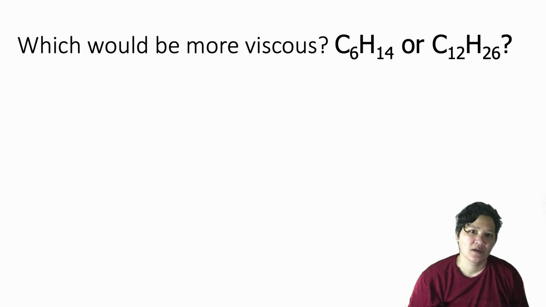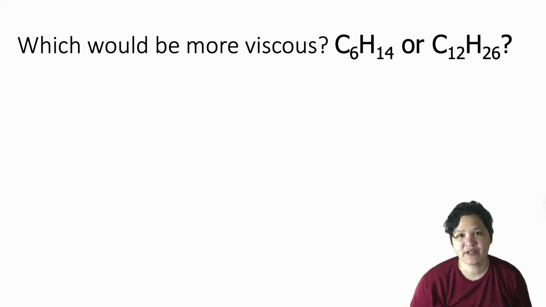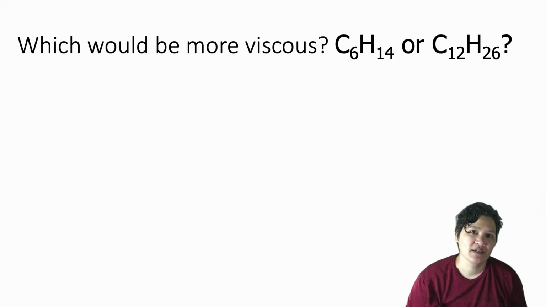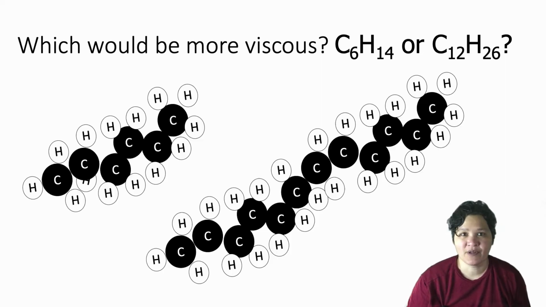Next up, will C6H14 hexane or C12H26 dodecane be more viscous? Let's pop pictures up on the screen, and you can see that these are both hydrocarbons, all carbon and hydrogen, but since there's no large electronegativity difference between hydrogen and carbon, all we're going to get for both of these are London dispersion forces.